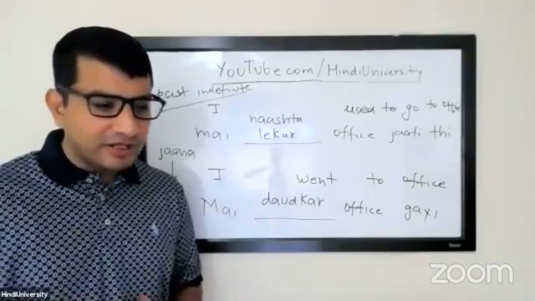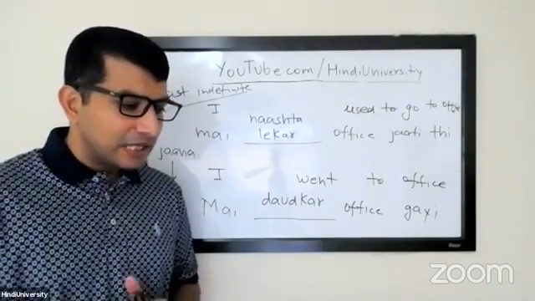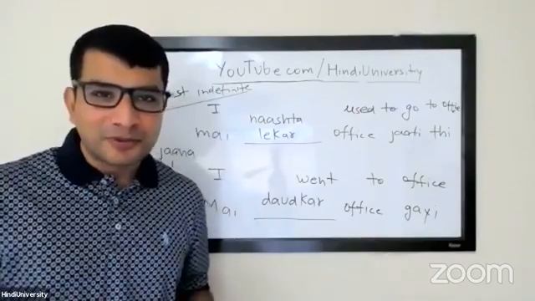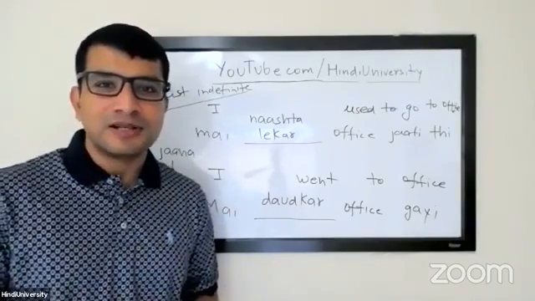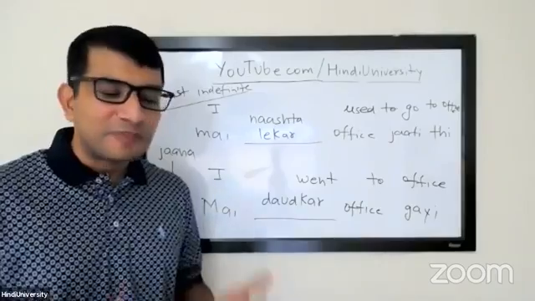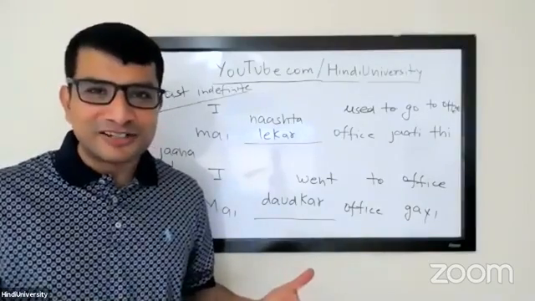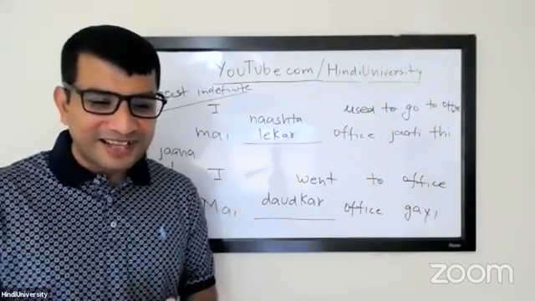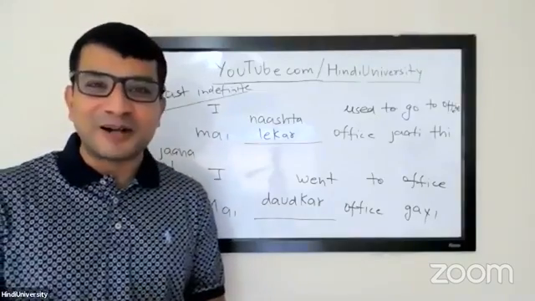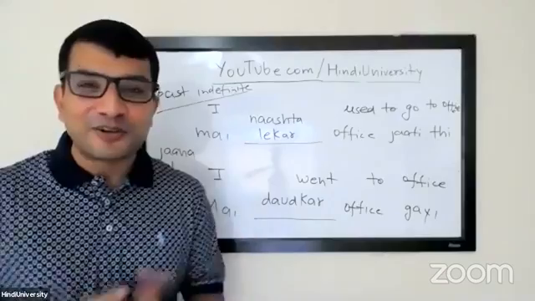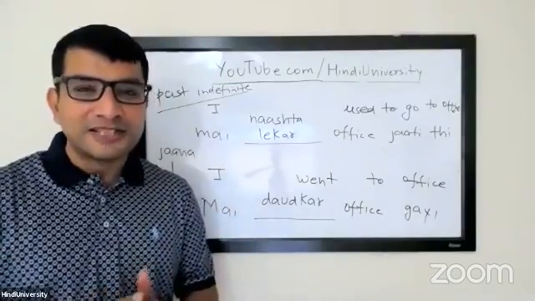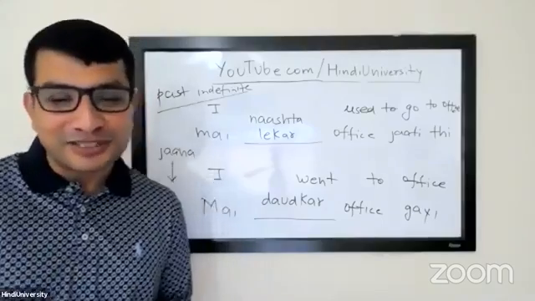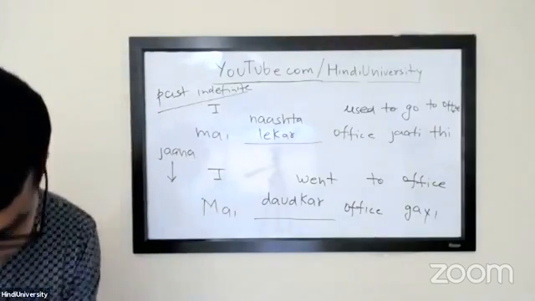But let's say you have a critical project going on, and because I'm an engineer, I'm going to use some engineering terminology. You have some production issue, which means customers are saying that something went down. And you're like, मैं दौड़कर ऑफिस गई, like I ran and I went to the office. That's what it essentially means, okay?